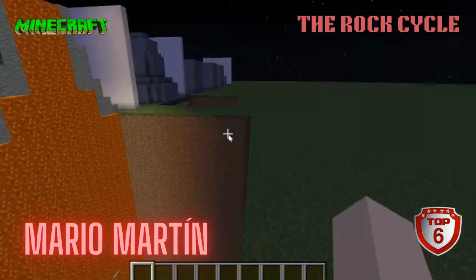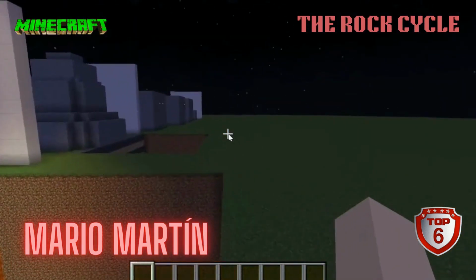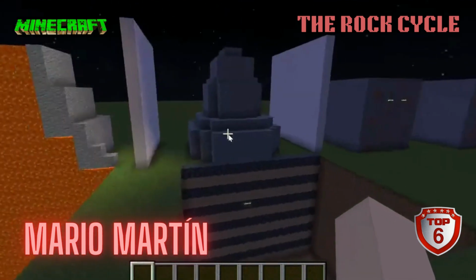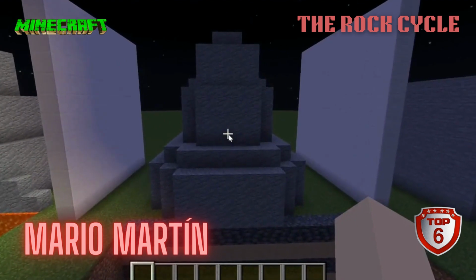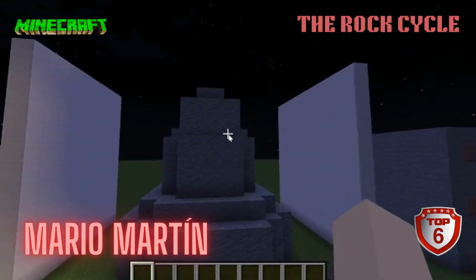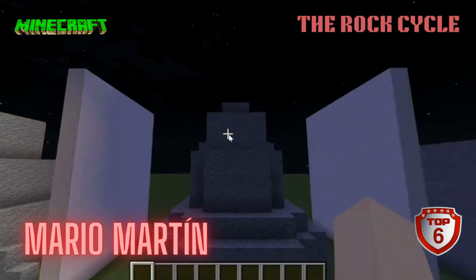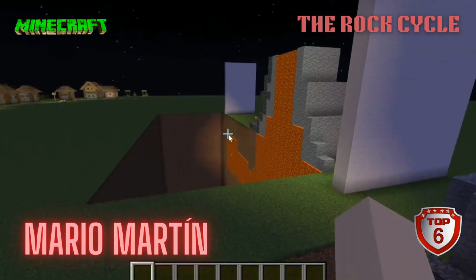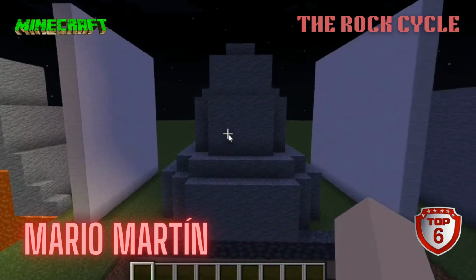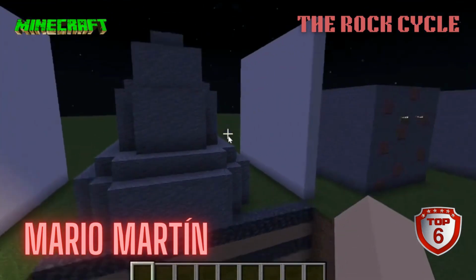Now we are going to the metamorphic rocks. The metamorphic rocks started out as some other type of rock like this, but they changed from the original type.